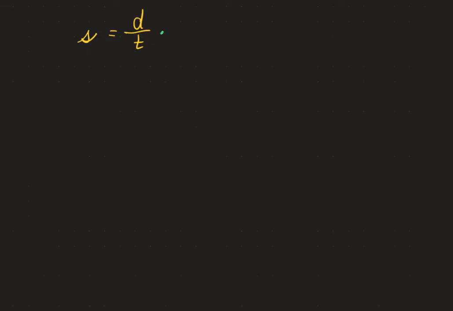If we perform a little bit of algebra here, multiplying both sides by t, I'll put t over 1 here since I'm multiplying by a fraction, I now have distance equals time times the speed. Or, as we would usually write that, distance equals speed times time.